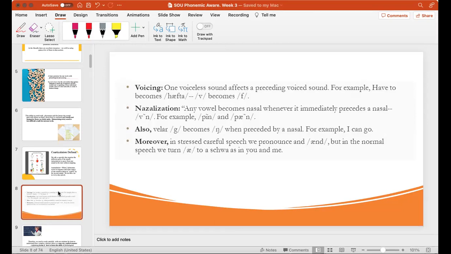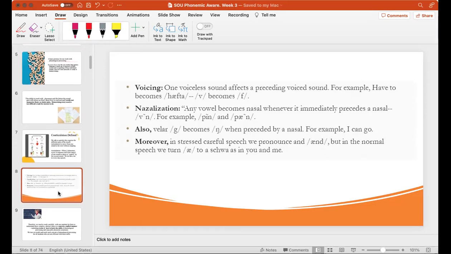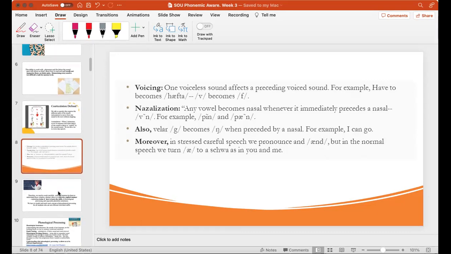Also NG, there's a nasal in that, and it's hard. Like you can say, I can go, and it's almost like you don't hear the N and the G. And then also when we have a vowel that is not saying its sound, and you say a schwa instead, it's very hard to discern those sounds.